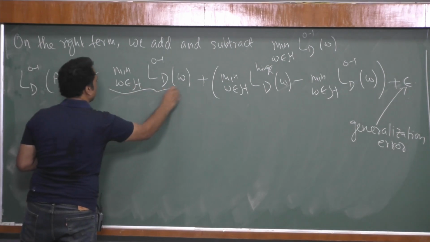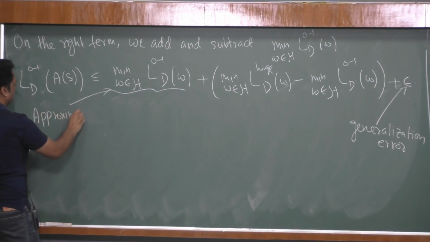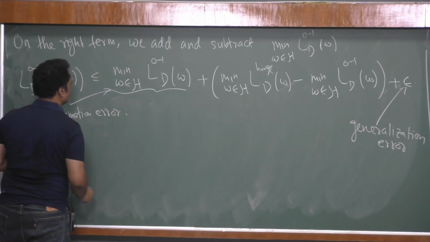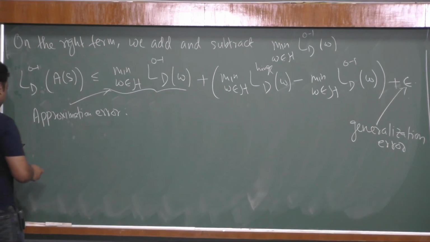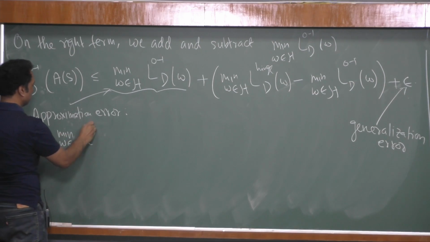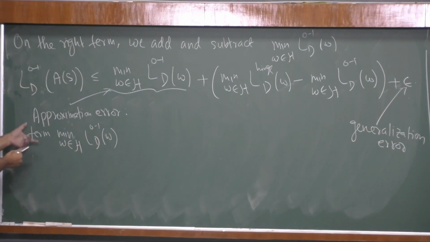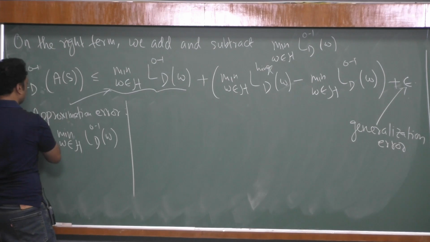Okay, so we call it approximation error. So this is the term min of w in H, L01 of w. So this is the approximation error with our original loss.